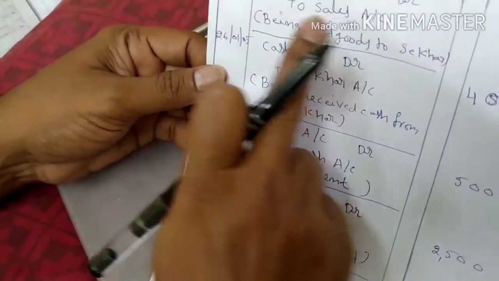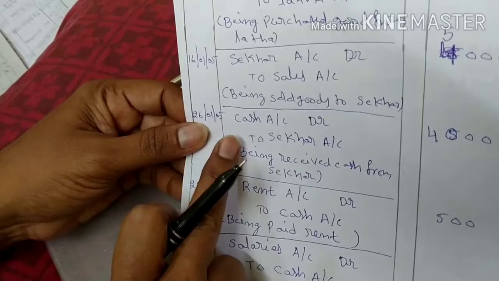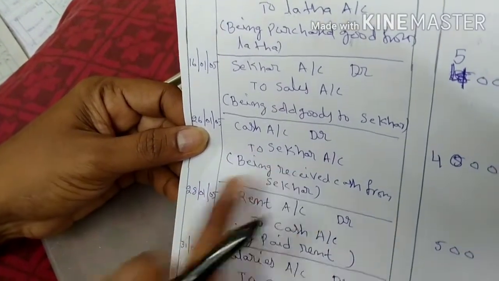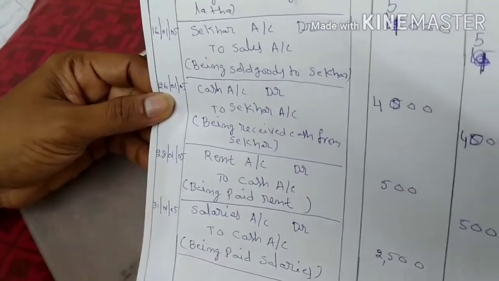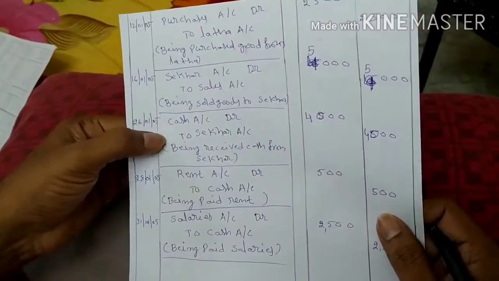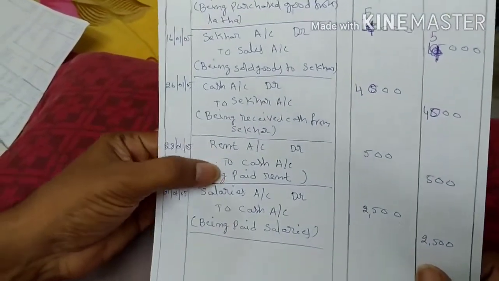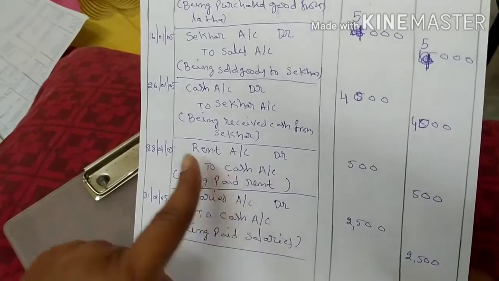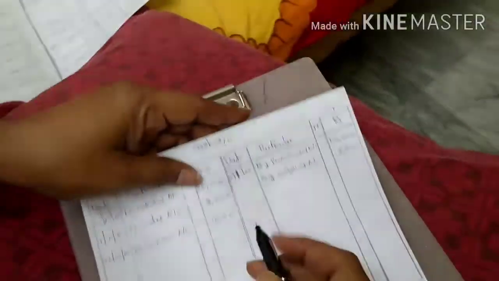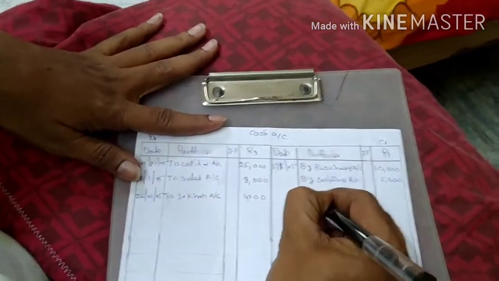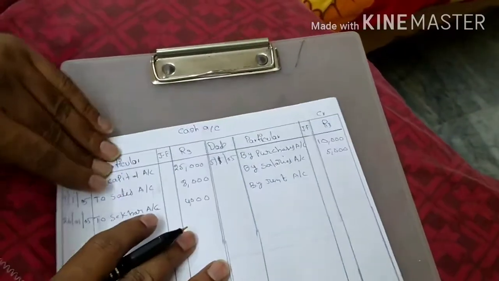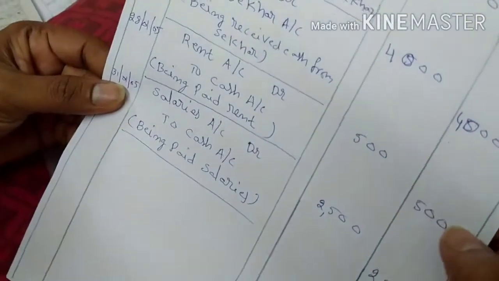Next, the Shekhar account is completed. Then rent to cash: cash is on the credit side, so by rent account, rent 5,000 rupees.